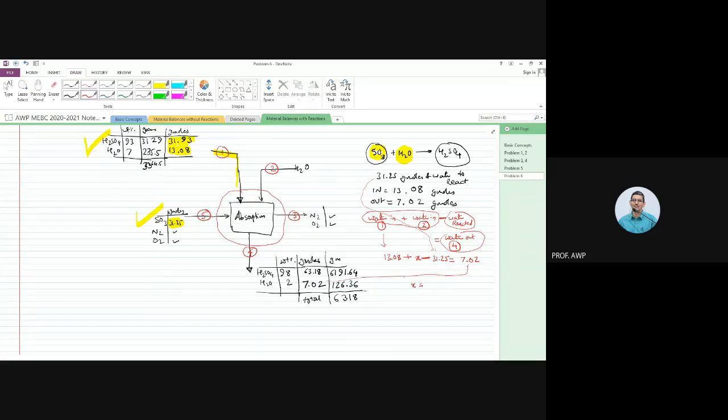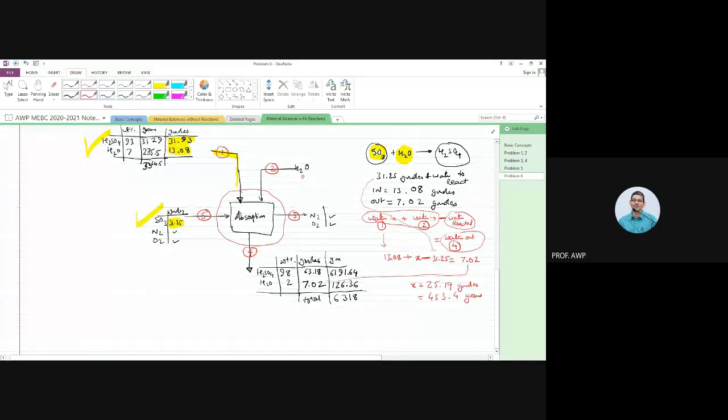In terms of grams, 25.19 into 18 is 453.4 grams, or 0.453 kg. Do you agree with this? Everybody comfortable? Can we go to the next problem? Yes, sir.